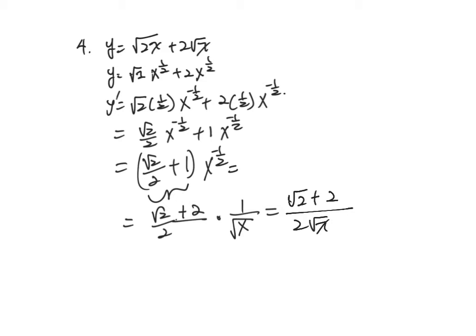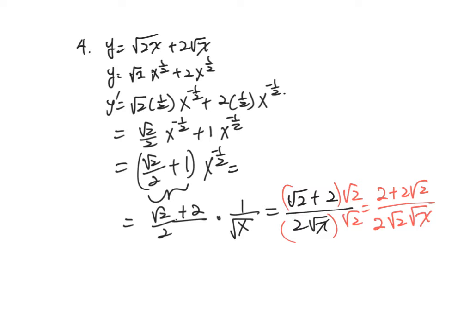So what are we going to do? I need a rad 2 on the bottom, so why don't I just multiply a rad 2 here, rad 2 there, distribute that, then I will have (2 plus 2 rad 2) over 2 rad 2 rad x.